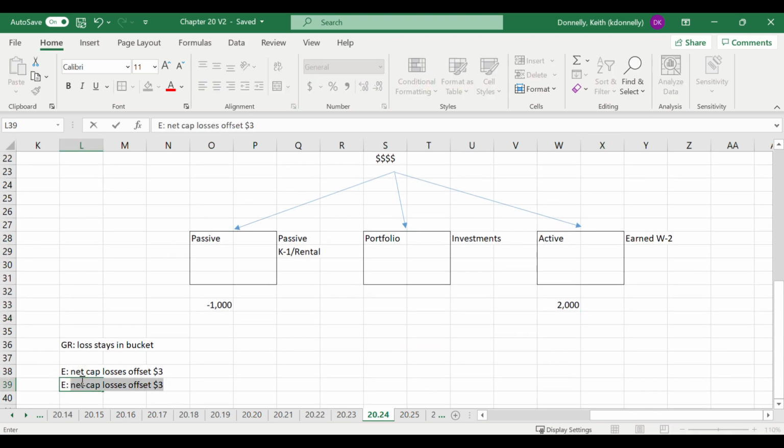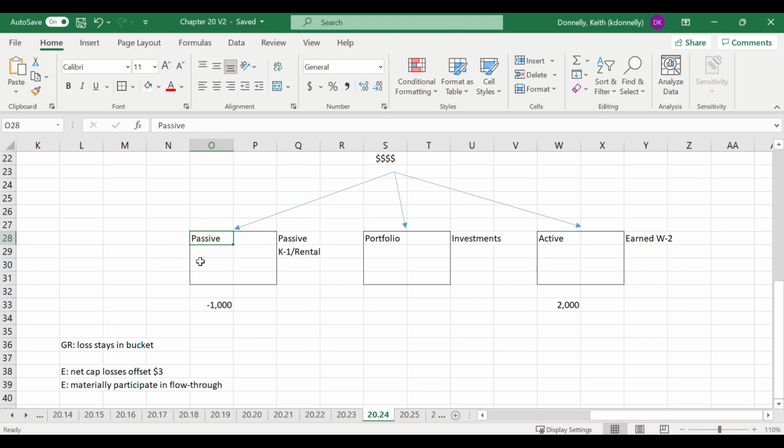Another exception would be if you materially participate in a flow through, right, and you have a loss. So maybe you're a managing partner in a partnership. Well, in that case, it's not really a passive activity anymore. It kind of becomes an active activity.